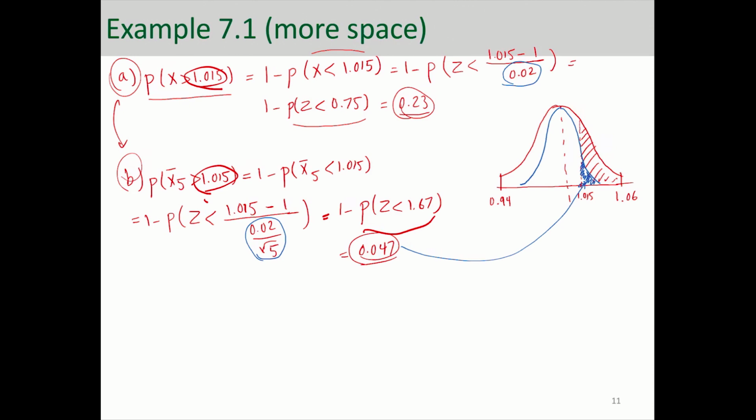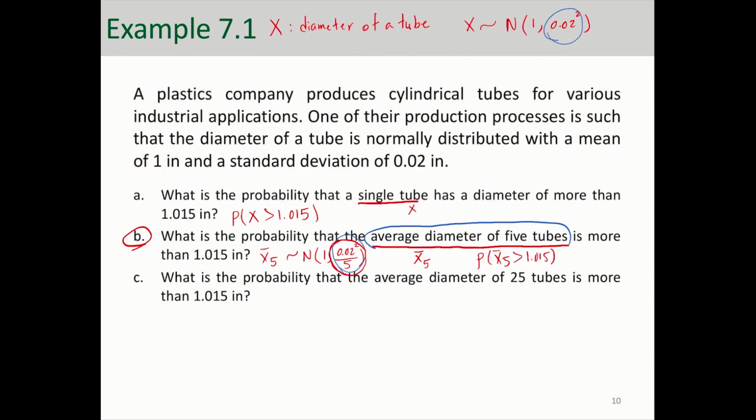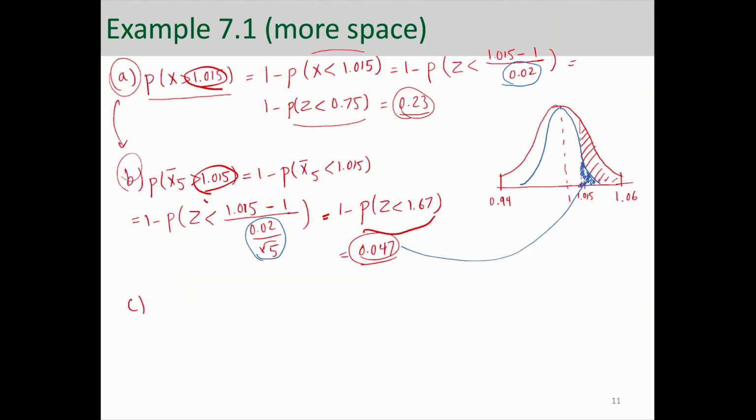At this point, you can probably guess what's going to happen in part C. In part C, what is being asked is what is the probability that the average diameter of 25 tubes is more than that number. So now we're doing probabilities for x bar 25, and that will follow a normal distribution with the same mean and 0.02 squared divided by 25 now. So much smaller standard deviation and variability. I'm not going to go through that process, but it's the same process.